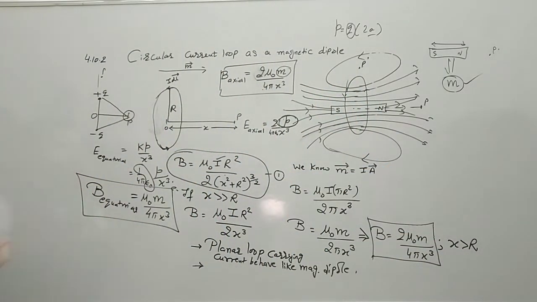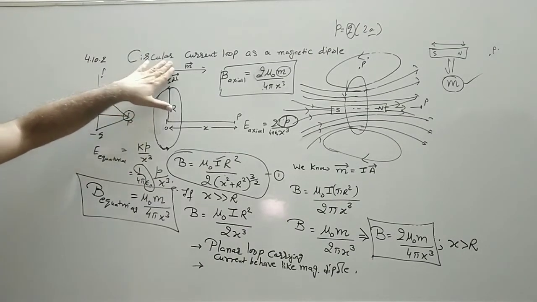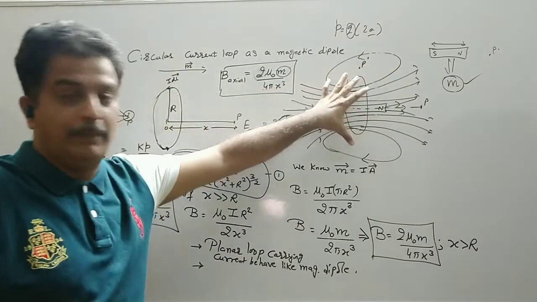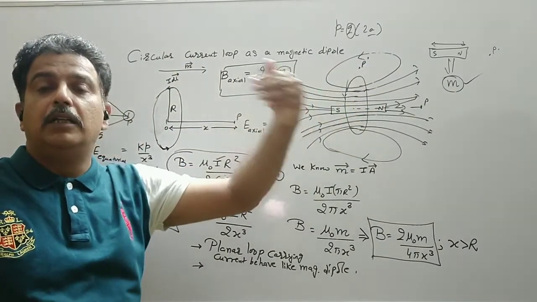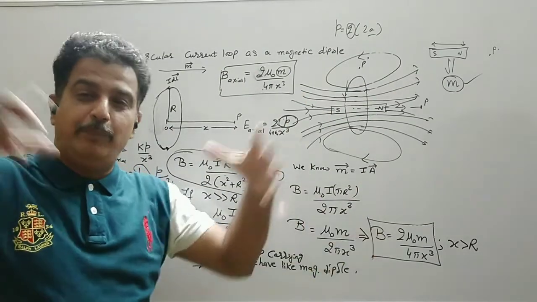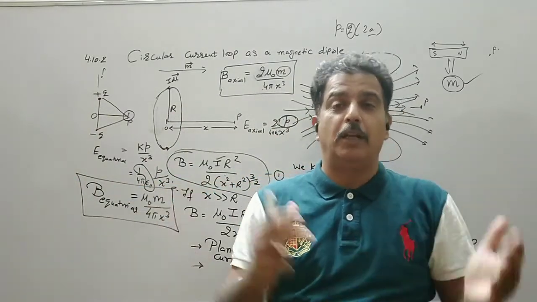Also, this loop produces the magnetic field. So a current carrying loop produces the magnetic field. That is clear. And it is subjected to a torque when we place it in a uniform external magnetic field.